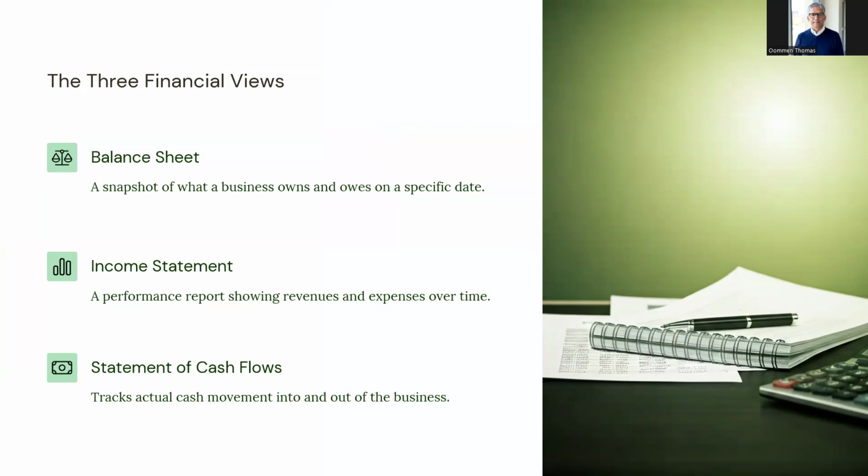What it does is to list the business's assets, meaning what the business owns. It also lists the liabilities of the business, what the business owes third parties. And finally, it lists its net worth, also called its equity capital.